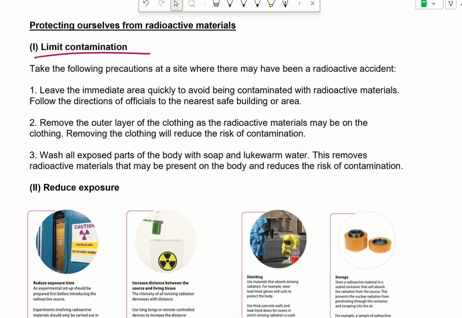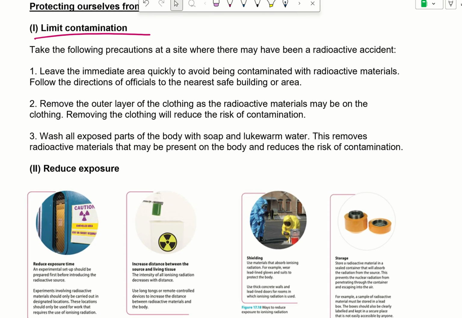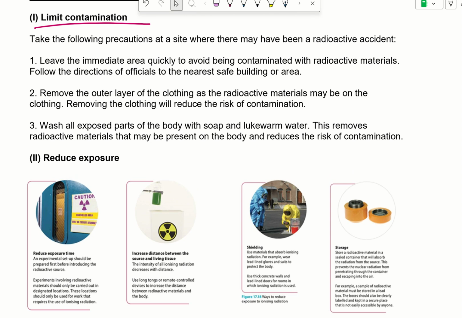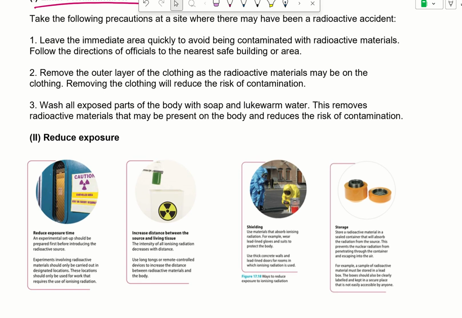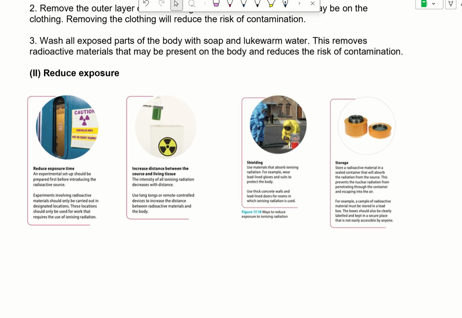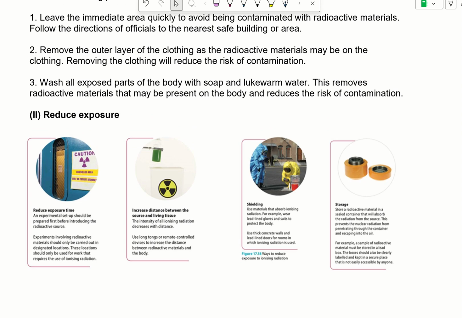So everybody evacuated, not just because of the tsunami, but also because there was a lot of radioactivity there. They are supposed to leave the area quickly and remove the outer layer of clothing, as the material may be absorbed on the clothing. Then wash all exposed parts, and also reduce the exposure.